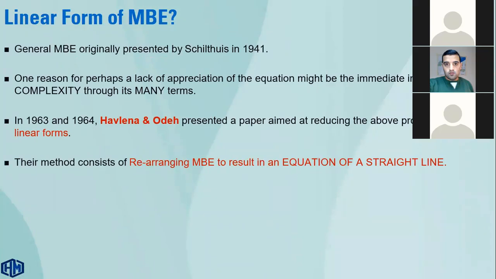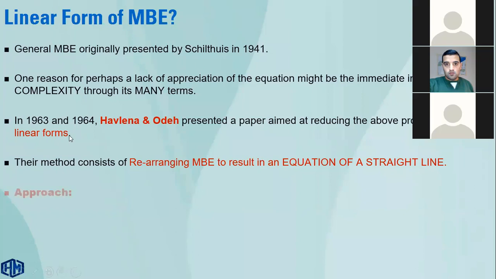Simply, we have a complex form of the material balance equation introduced in 1941. Then in 1963 and 1964, Havlena-Odeh presented a simpler form of the material balance equation by rearranging the general equation to present the equation of a straight line.